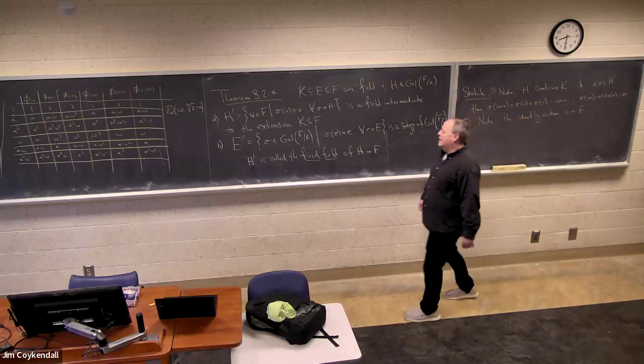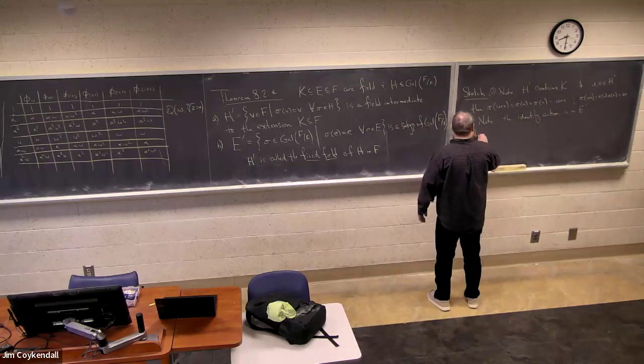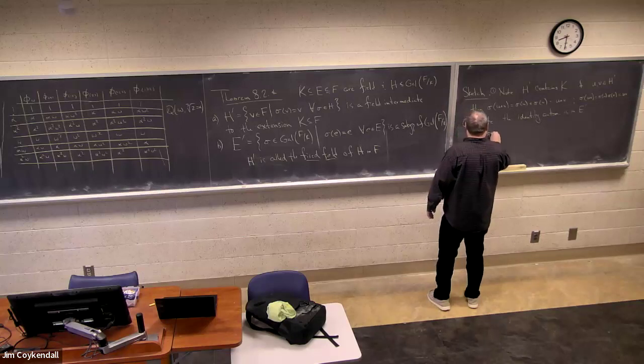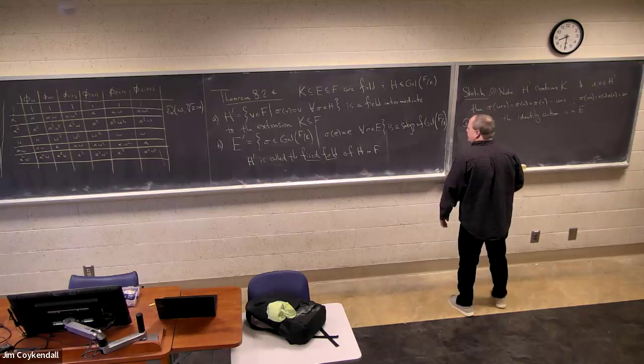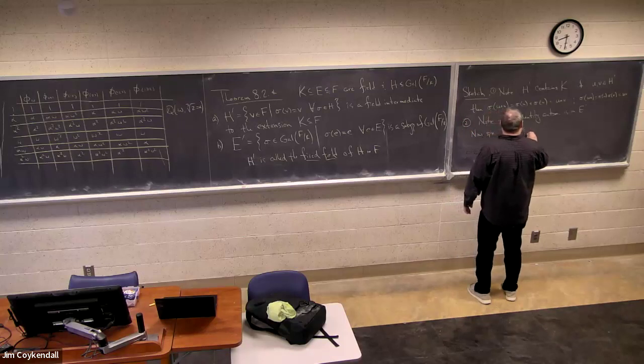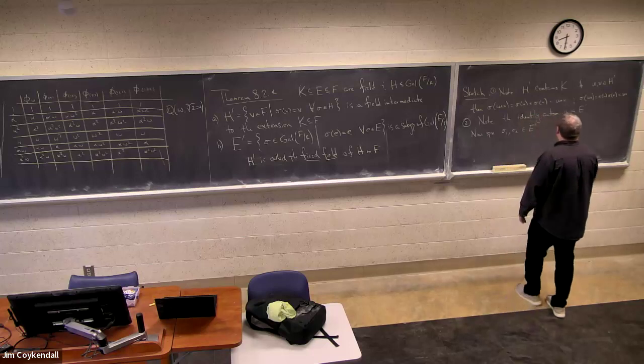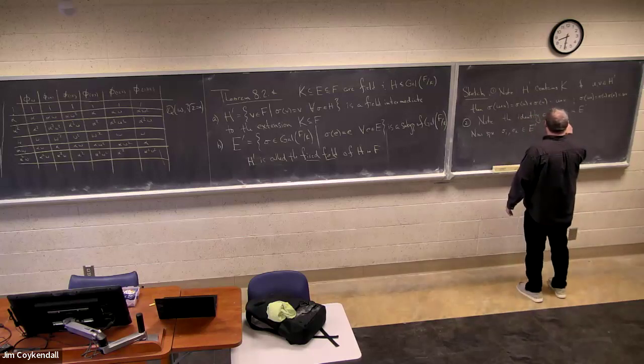Well, let's suppose sigma 1 and sigma 2 are in E prime. So that means that sigma of E equals E.